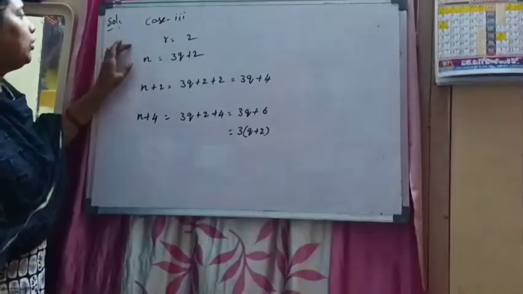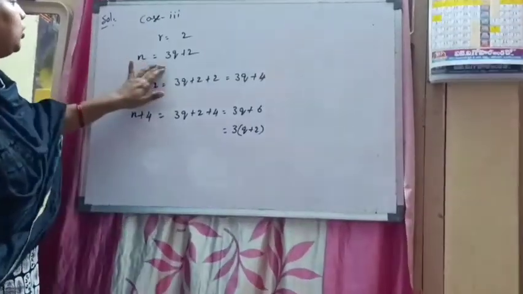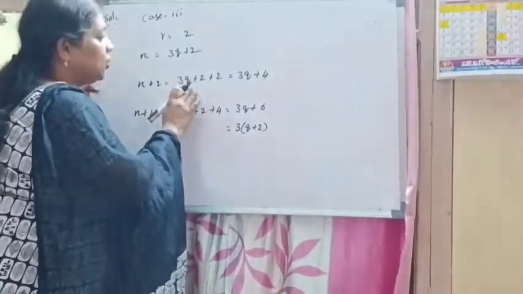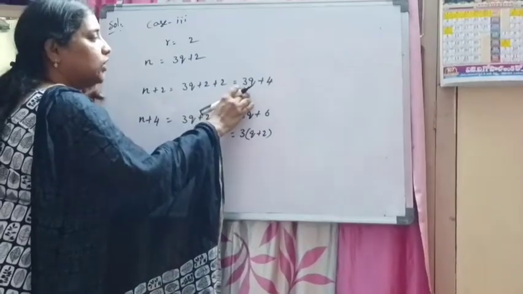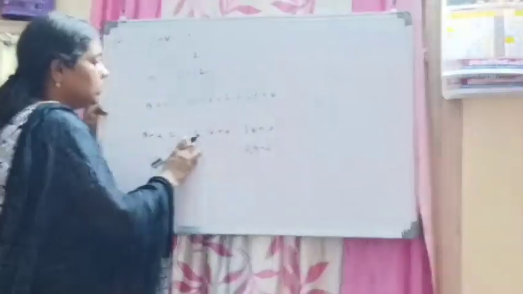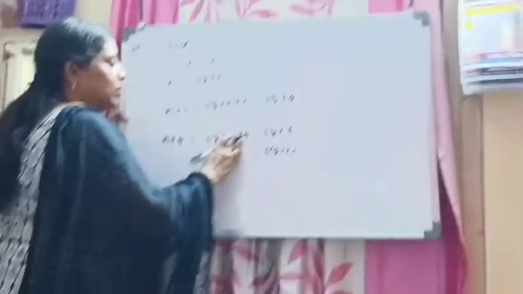If r is equal to 2, n is equal to 3q plus 2. n plus 2 is equal to 3q plus 2 plus 2, that is 3q plus 4. n plus 4 is equal to 3q plus 2 plus 4, that is 3q plus 6.